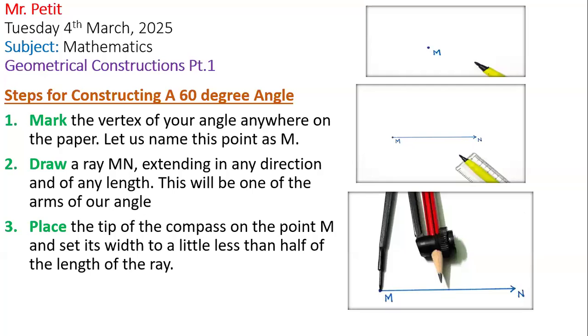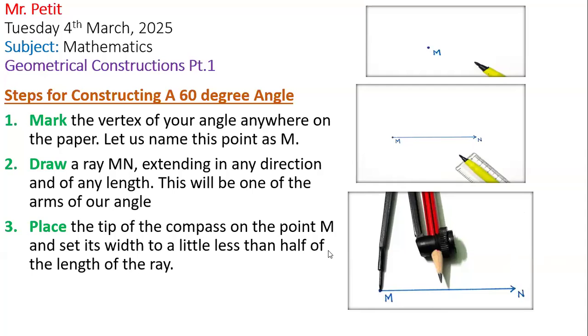Not really 40%, let's say 45%. It's just a little less than half of the length of the ray. And we extend this compass here. That's all we do for the first three steps.